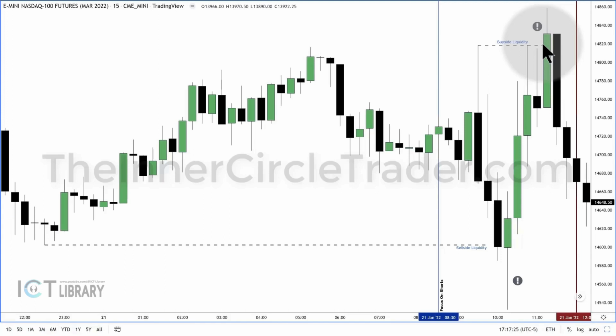Okay, what do I mean by that? If you see market structure that's bearish and it's broken to the downside intraday, that may just lead to an intraday price leg that may eventually see that high be taken out in the same day. So that's why I'm using the term market structure shift, not market structure break.